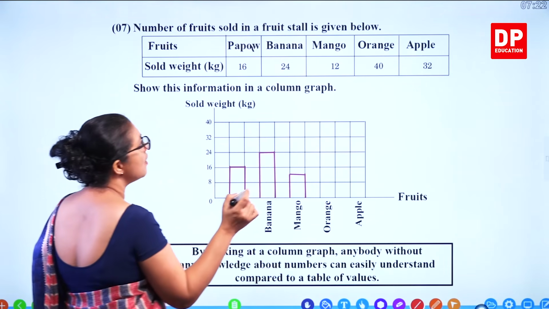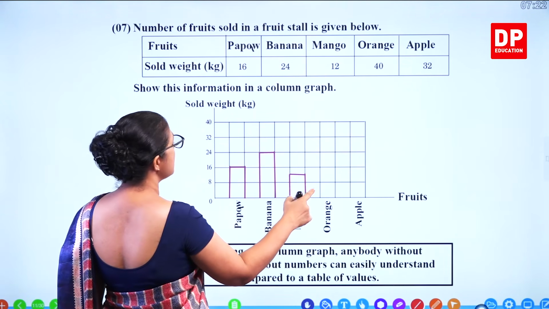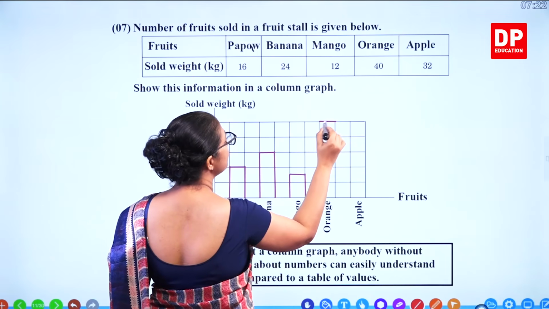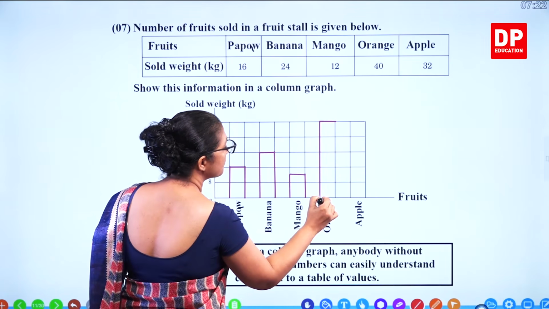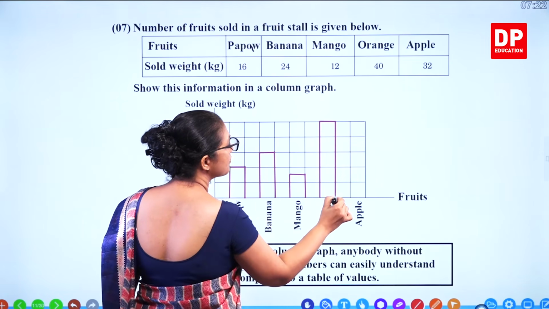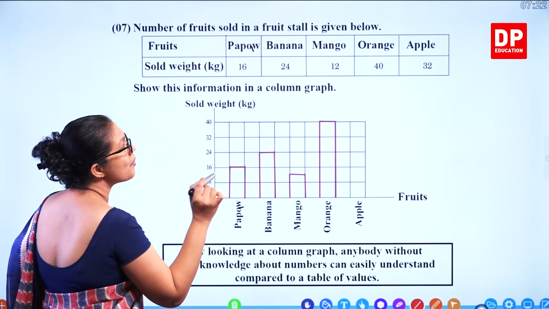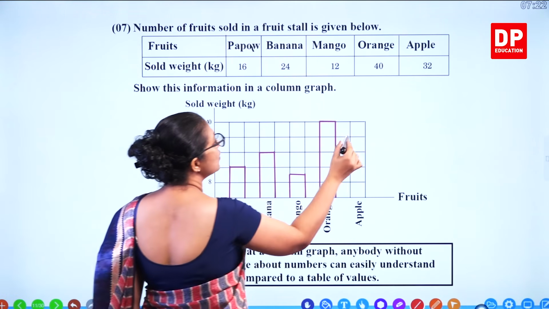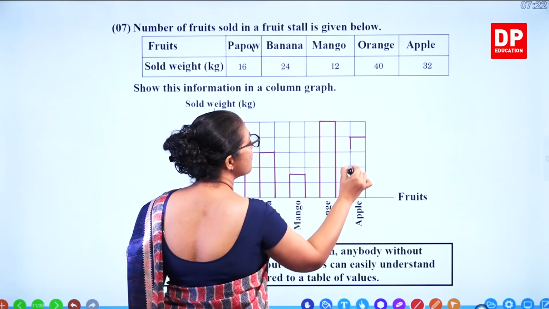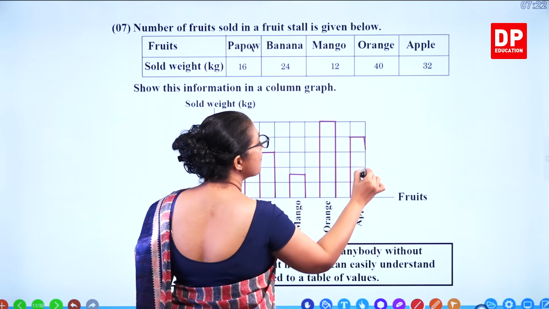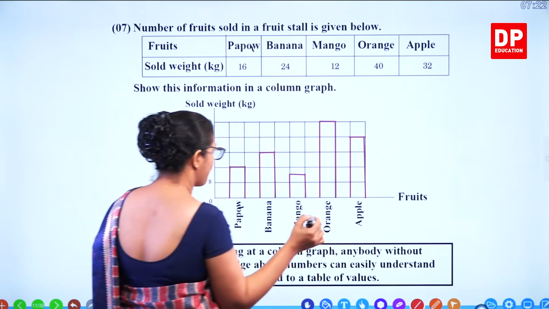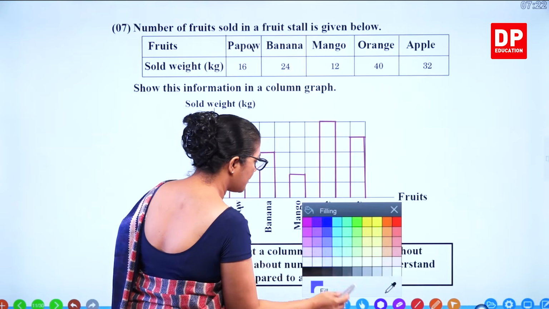That's 12. 40 is here. And 32 here. So we'll put a color now.